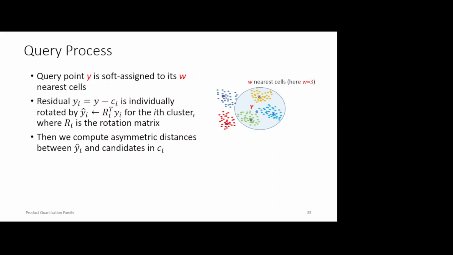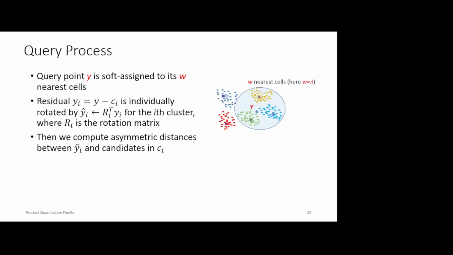The next step is that the query y has to be projected to each cluster, because each cluster has its own OPQ setup, right? Each cluster will have its rotation matrix, remember? Since we have three clusters, for the first cluster, y is subtracted by the centroid, and then we rotate the residual.